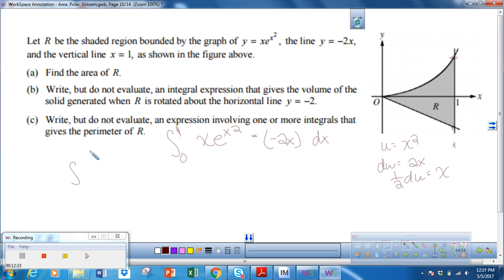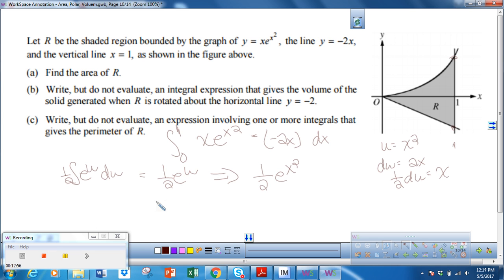Notice when I do this, I am not putting limits because these are u values now. So my new integral is e to the u times 1/2 du, which is 1/2 e to the u. But I'm going to change that back to x values, 1/2 e to the x squared, because I'm going to go back to those limits.